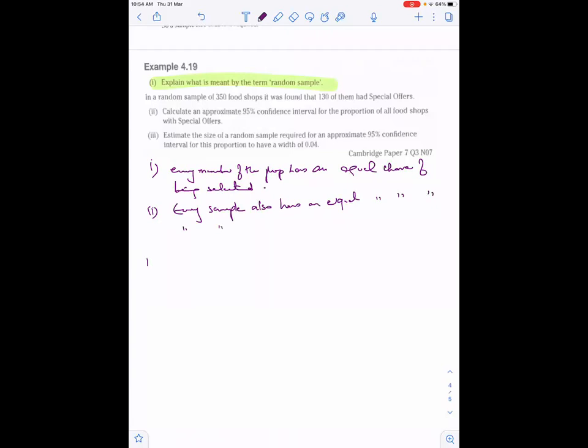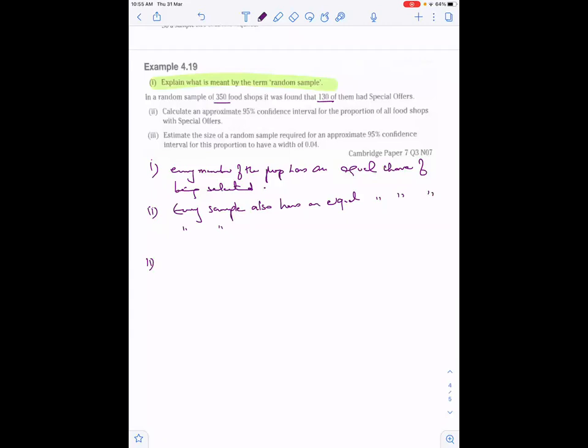Then in the second part: in a random sample of 350 food shops, 130 of them had special offers. Calculate an approximate 95% confidence interval for the proportion of all food shops.